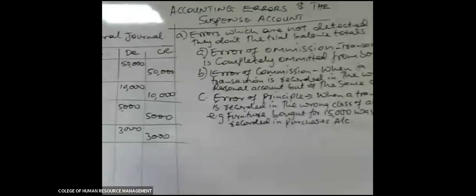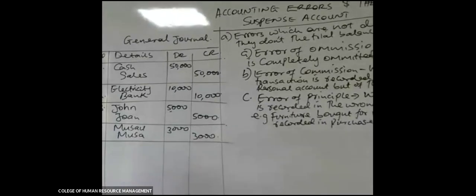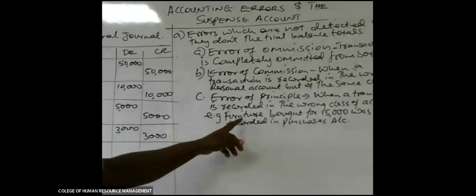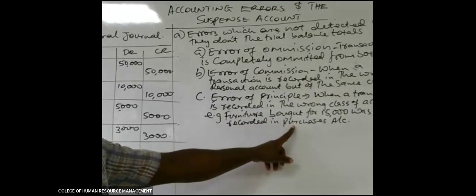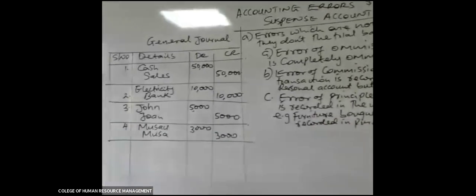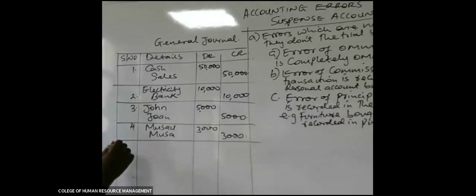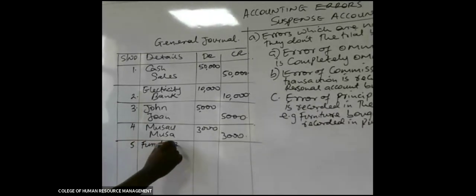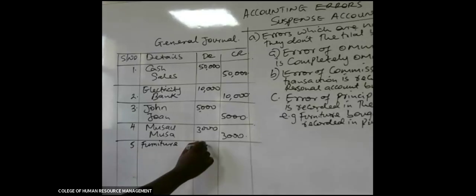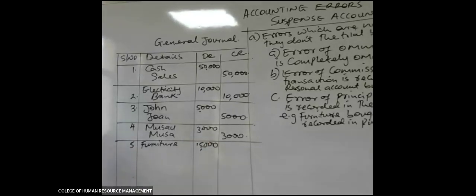So when you are posting them here now, you need to remember that when you bought the furniture, furniture was supposed to be debited, but you made a mistake of debiting purchases. So what do you do? You will come here and tell the examiner that the account that was supposed to be debited is furniture. Therefore, we should debit furniture by 15,000. Purchases account was only debited by mistake. So we need to reverse that mistake.